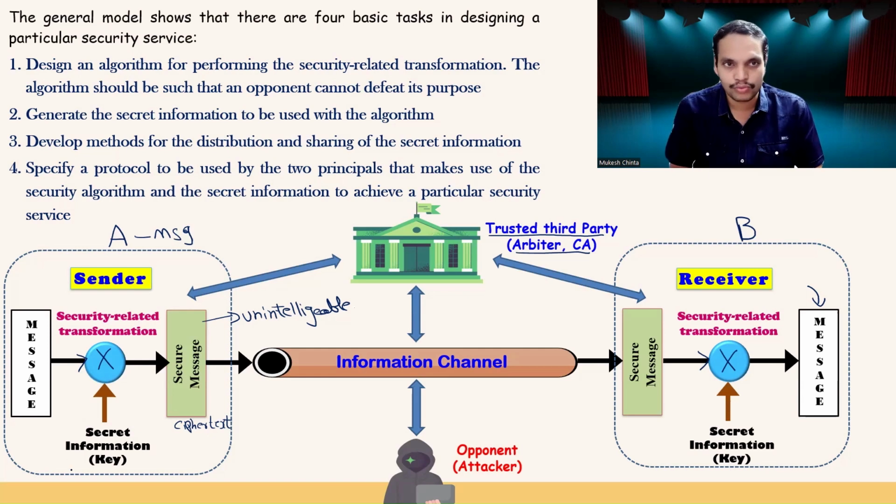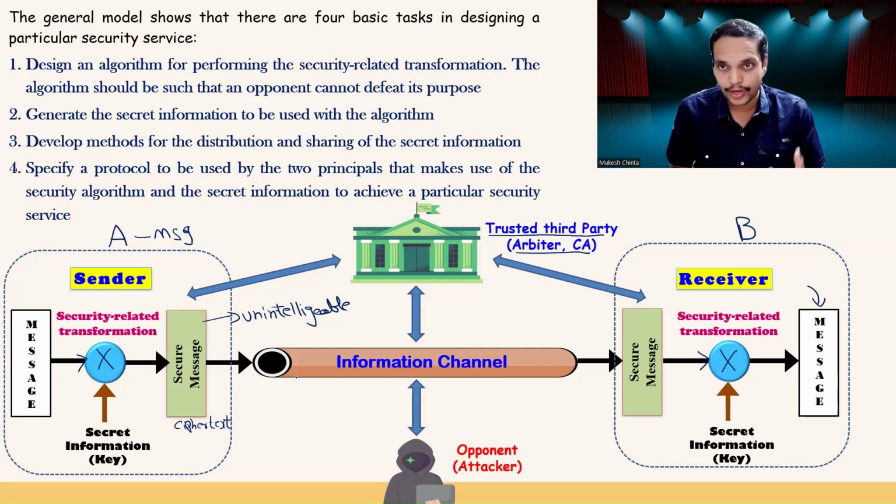The third one is develop methods for the distribution and sharing of the secret information. Of course, you generate the secret information, but through which way can you communicate it to your receiver, the recipient? You have to do it securely, because usually all the security algorithms are standardized and well known to the public. They are publicly available on the internet. You take AES or DES or RSA, everybody knows how it works.